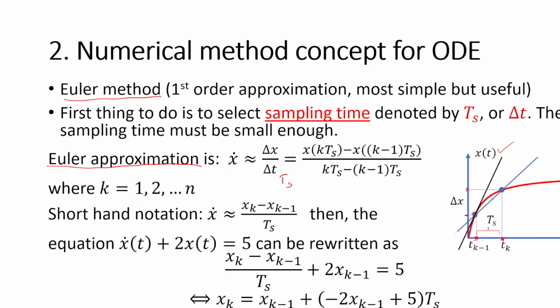So tk here, you can say it's k times Ts, because if you sample continuously and consecutively like this, this point is just k plus 1 times Ts, and this point is k plus 2 times Ts, right? Because this interval is just Ts.